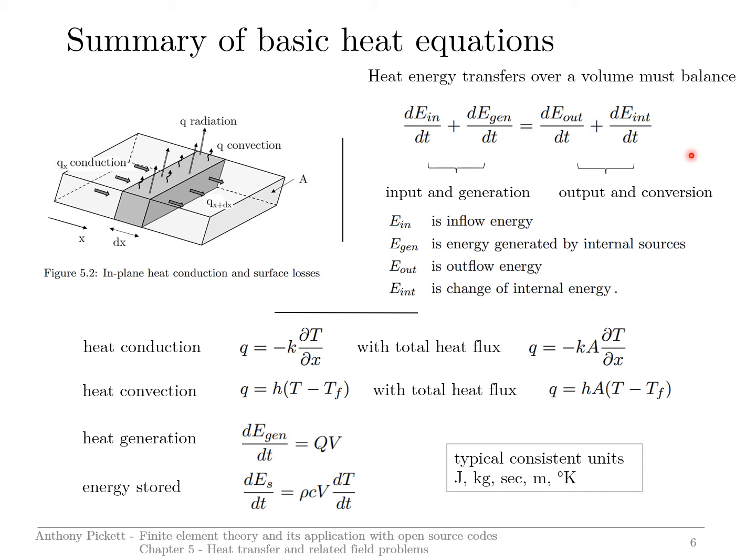For example, for a given volume, we have to have a balance of energies within the system. So the rate of energy flowing in, plus the rate of energy generated within a given volume, have to equal the rate of energy coming out of the system and the rate of energy that will be stored within the system.